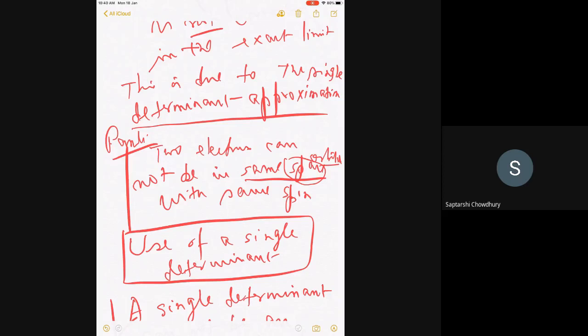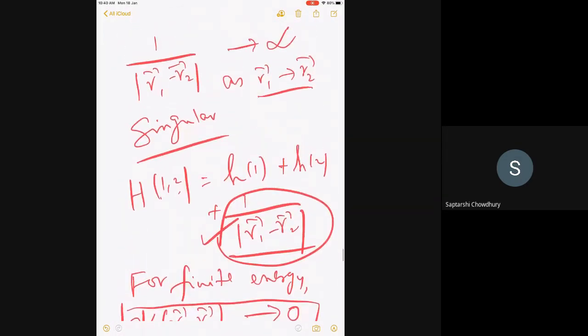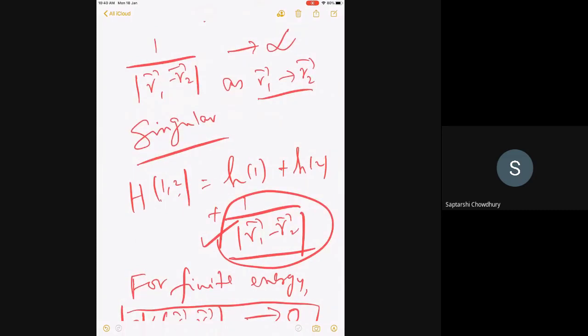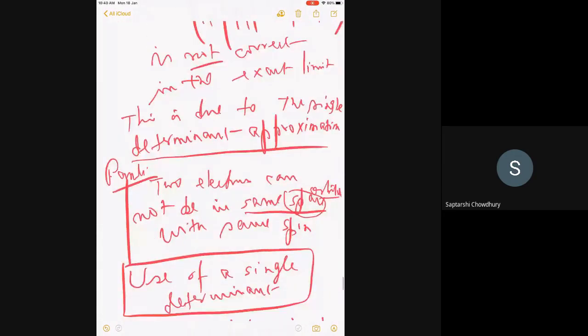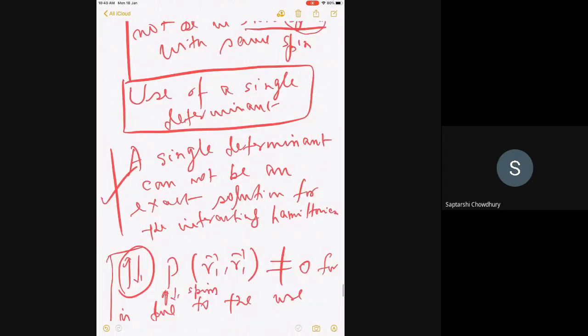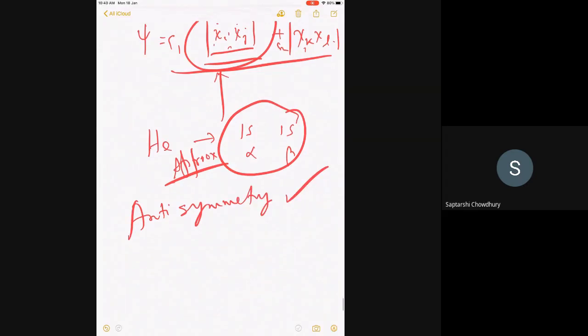So I first did the mathematics. I did not make the statement. I first showed you the mathematics of a single determinant. And now I'm making a statement which may be a little bit shocking. So I'm saying the antisymmetry is, of course, very important. And antisymmetry is the fundamental point, not just important. This is very, very basic for the electron.